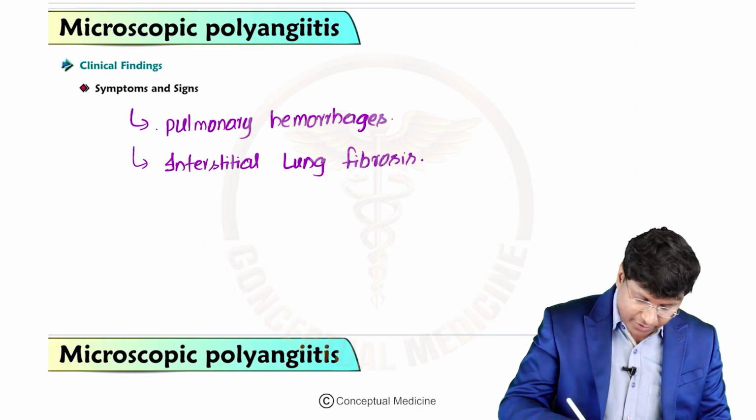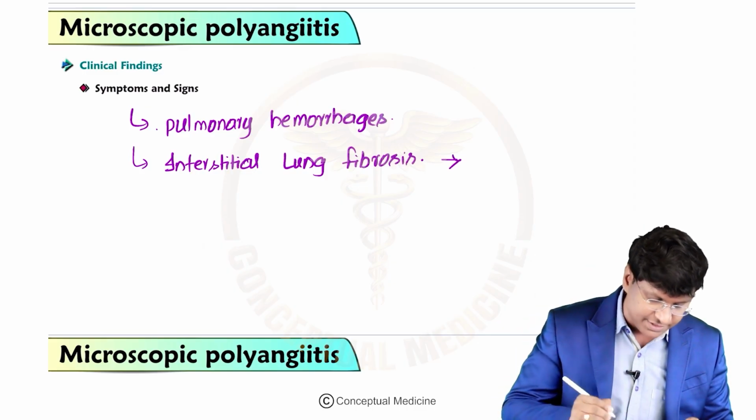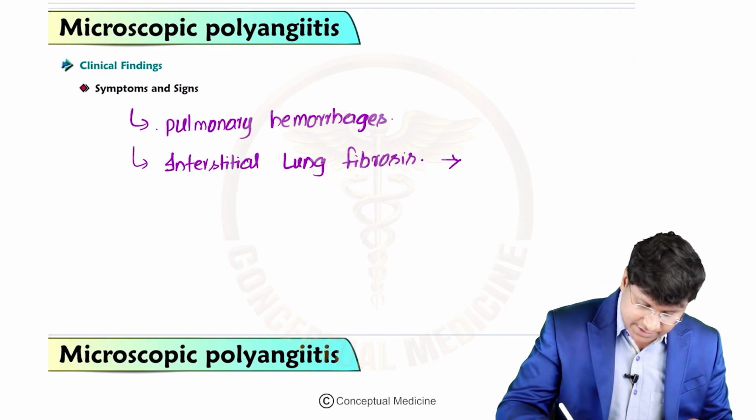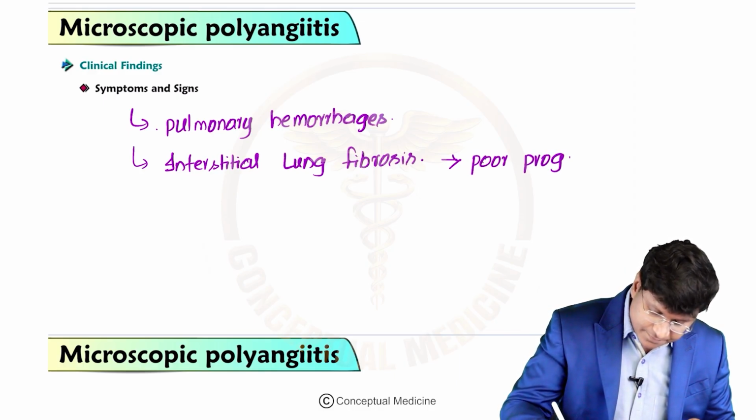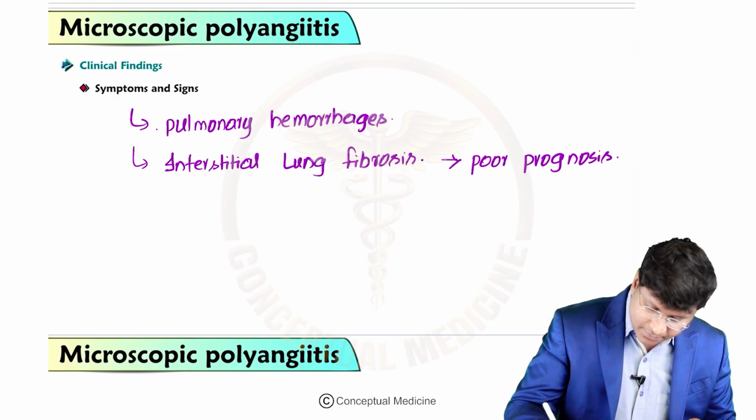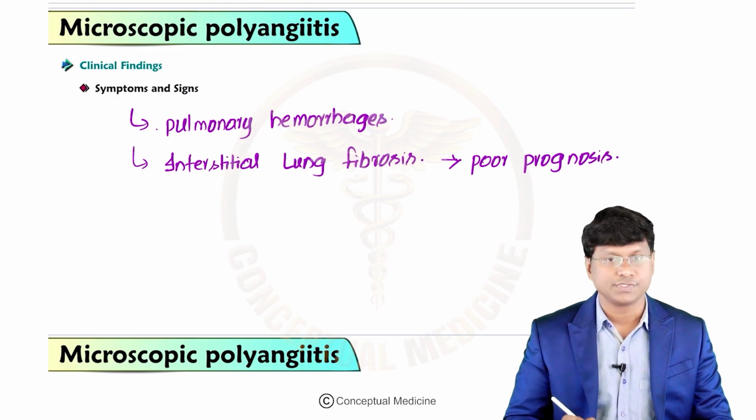So if there is interstitial lung fibrosis in patients with microscopic polyangiitis, they have a poor prognosis.